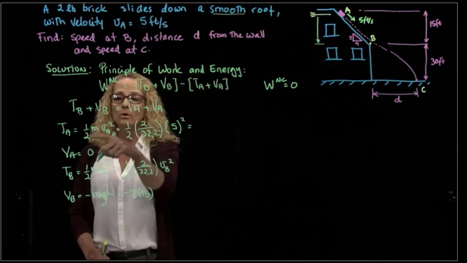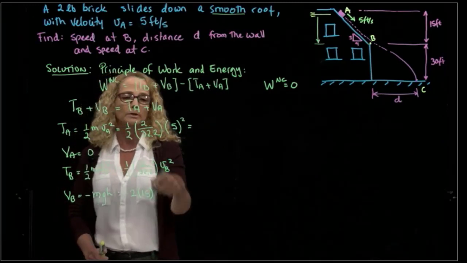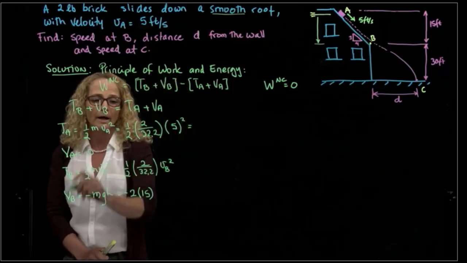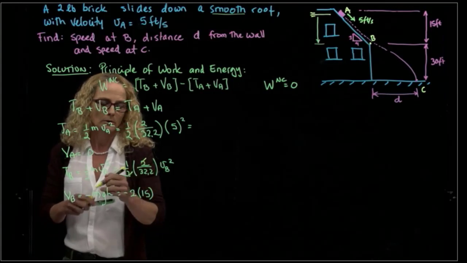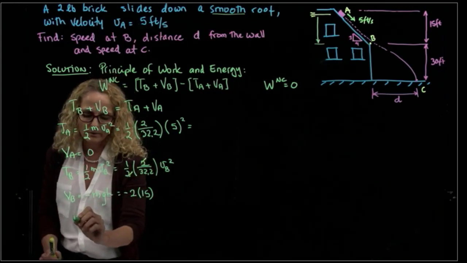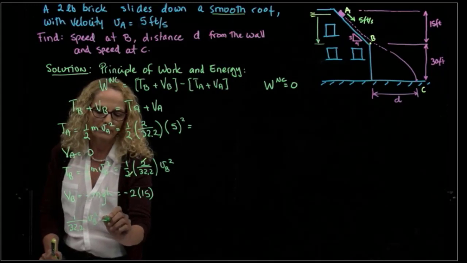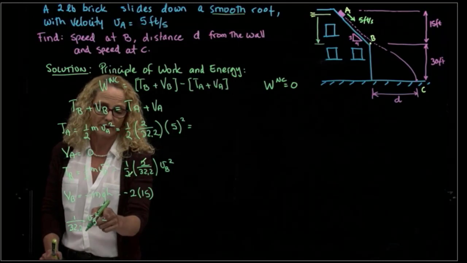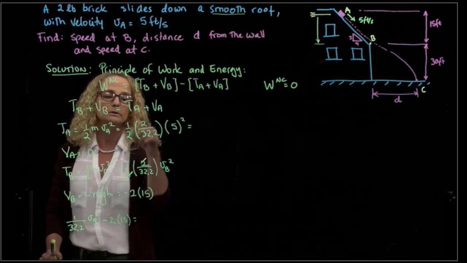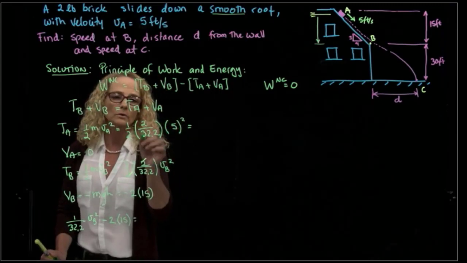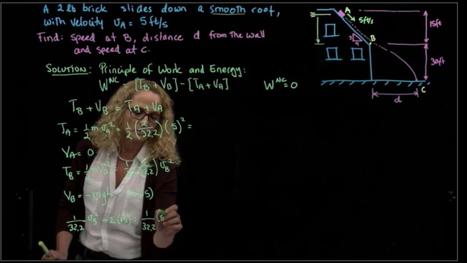I just plug all these values in, and instead of calculating by hand, I will write the equation. 1/2, well, this 2 goes with that 2. So I have 1/32.2 times B squared, minus 2 times 15, equals 1/2, this 2 also cancels, 1/32.2 times 5 squared.